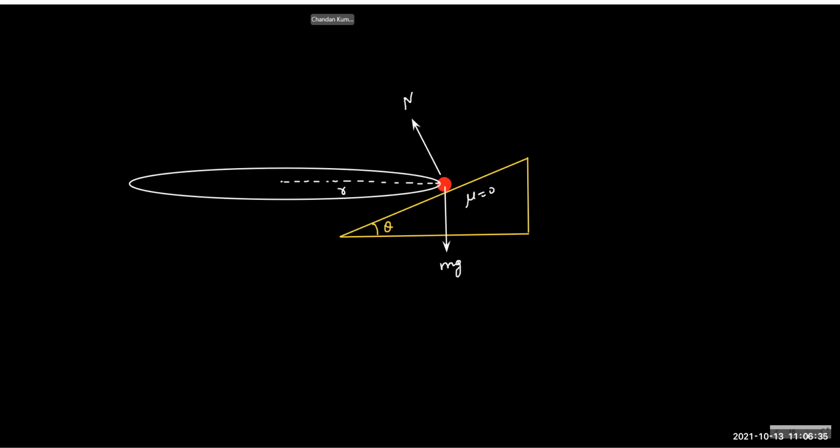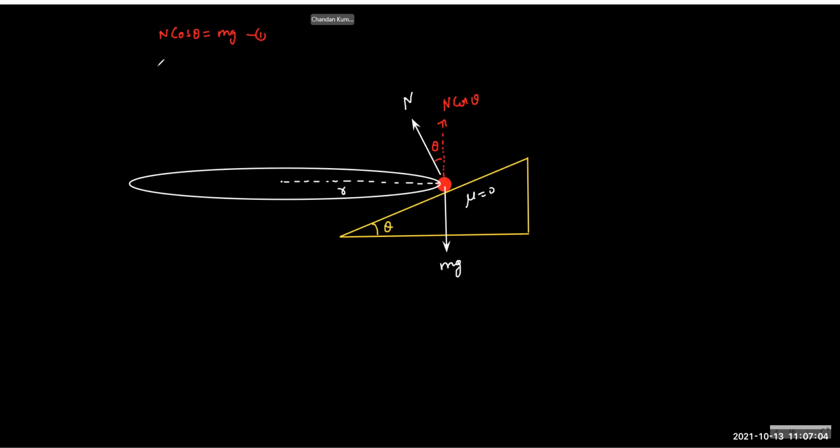So the first step of the algorithm which I have given you is that you must resolve the forces along the plane and normal to the plane. N cos theta is equal to mg. Correct. So the role of N cos theta is to balance gravity, and that's it, nothing else. That's why you're not going down or up.